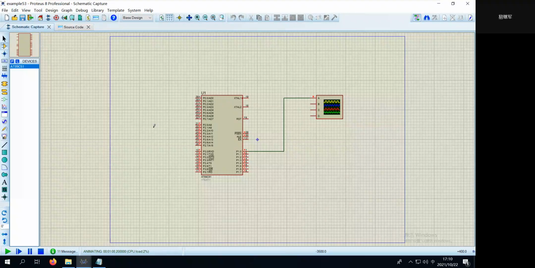But now we don't have any fundamentals about the microcontroller. If you know something about the microcontroller, maybe we can give you some examples of how to simulate the microcontroller in this software. Anyone know something about it?